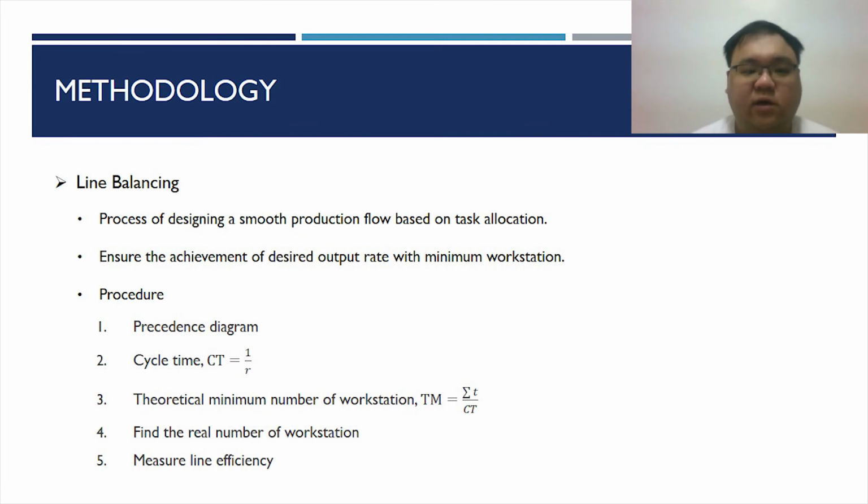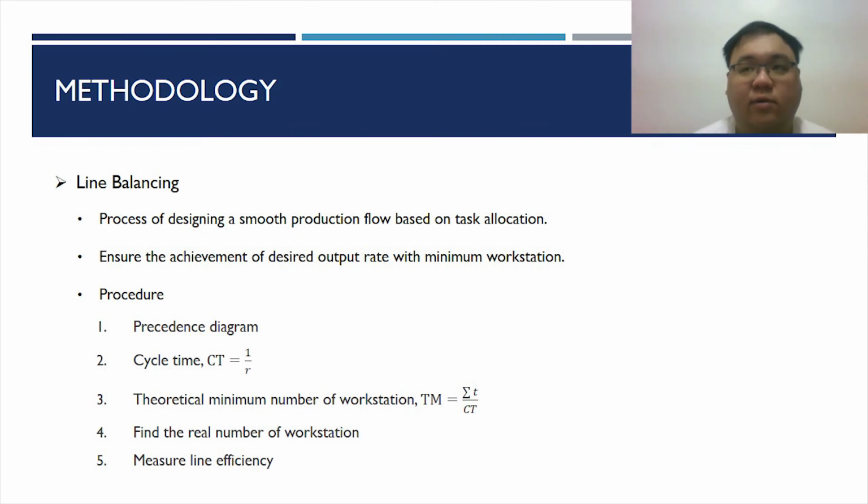So the procedure to perform line balancing is, firstly, we need to construct a precedence diagram. Next, we need to measure the cycle time for the whole process, which is given by the formula 1 over R, where R is the desired output rate.